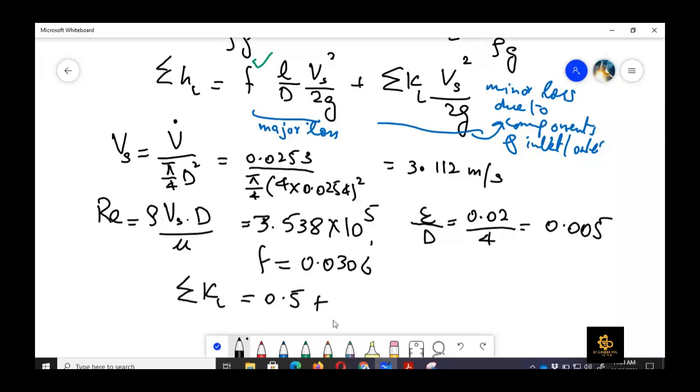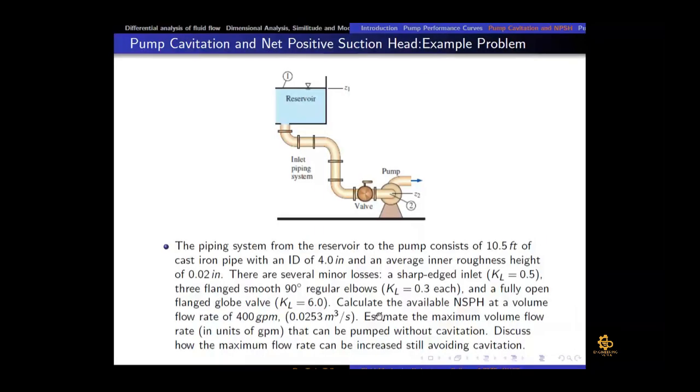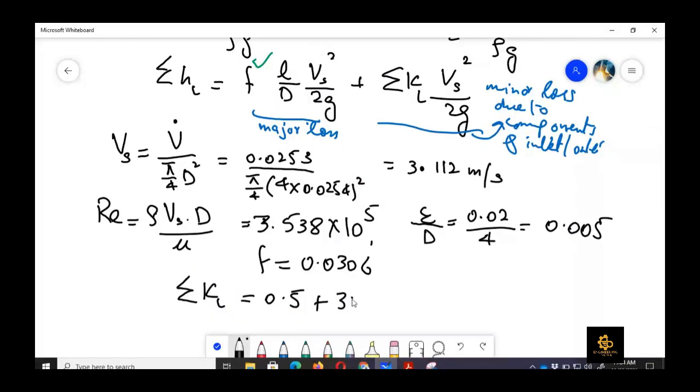Then we have three flanged smooth 90-degree regular elbows: one elbow here, then again a 90-degree elbow, and then again a 90-degree elbow. So there are three elbows, and for each one KL value is 0.3, so for the three it would be 3 into 0.3.